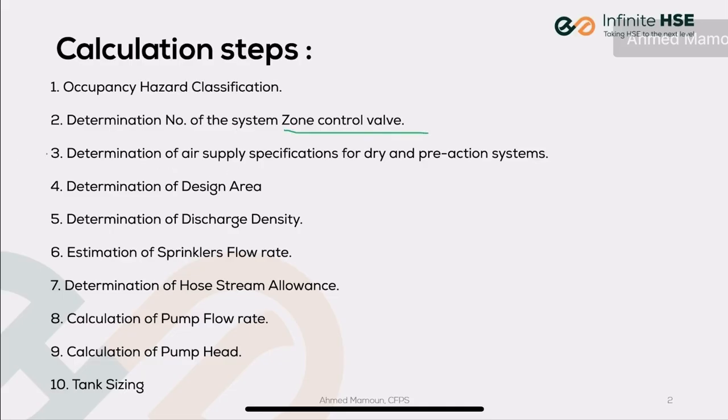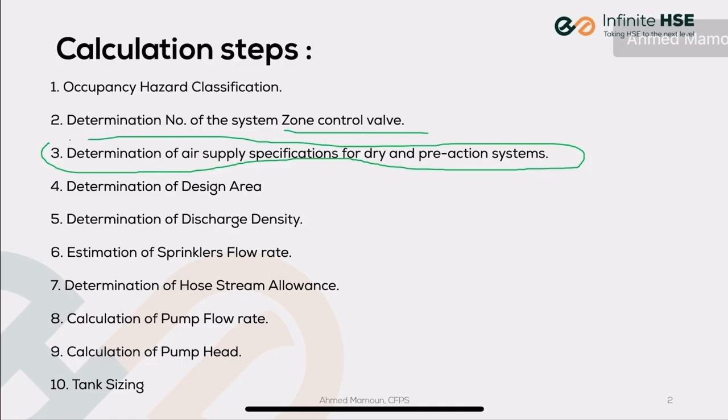After that, for dry systems only, we need to calculate the air supply specification, for dry and pre-action systems only. In a wet system, this step is not needed. Number 4, determine the design area.